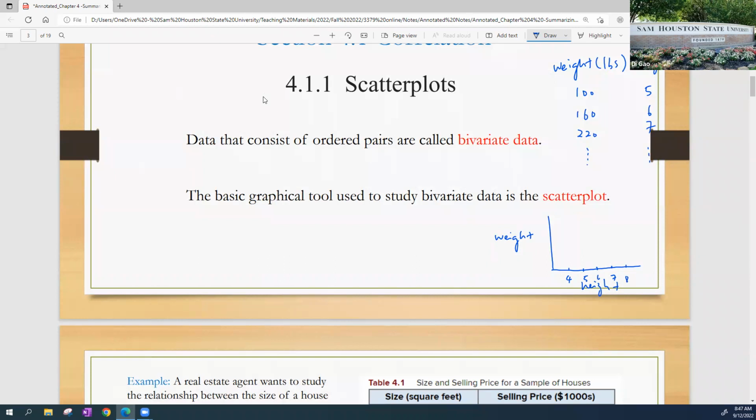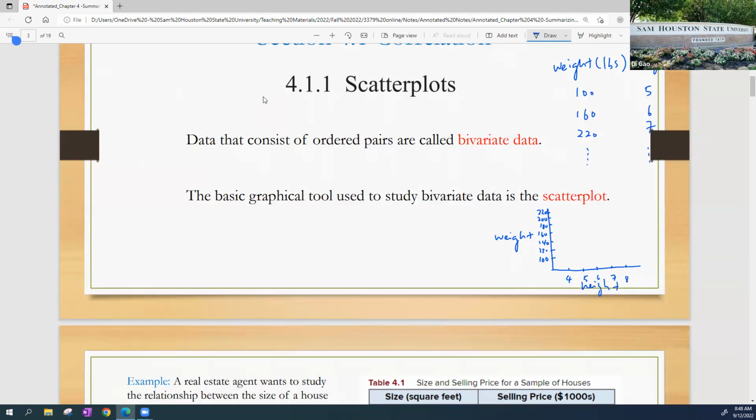And then weight, we could have, let's say this is 100, and then 120, 140, 160, 180, 200, 220. Okay, that's good enough.